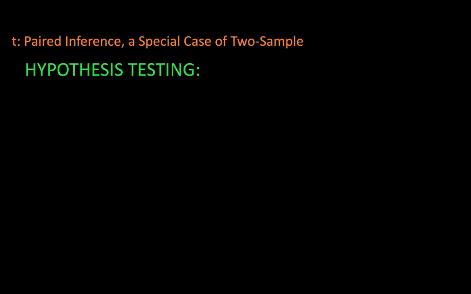So, hypothesis testing for the paired sample t-test: the null hypothesis is that the population mean of the first population is equal to the population mean of the second population. The alternative hypothesis is that the mean of the first population is greater than, less than, or not equal to the mean of the second population.